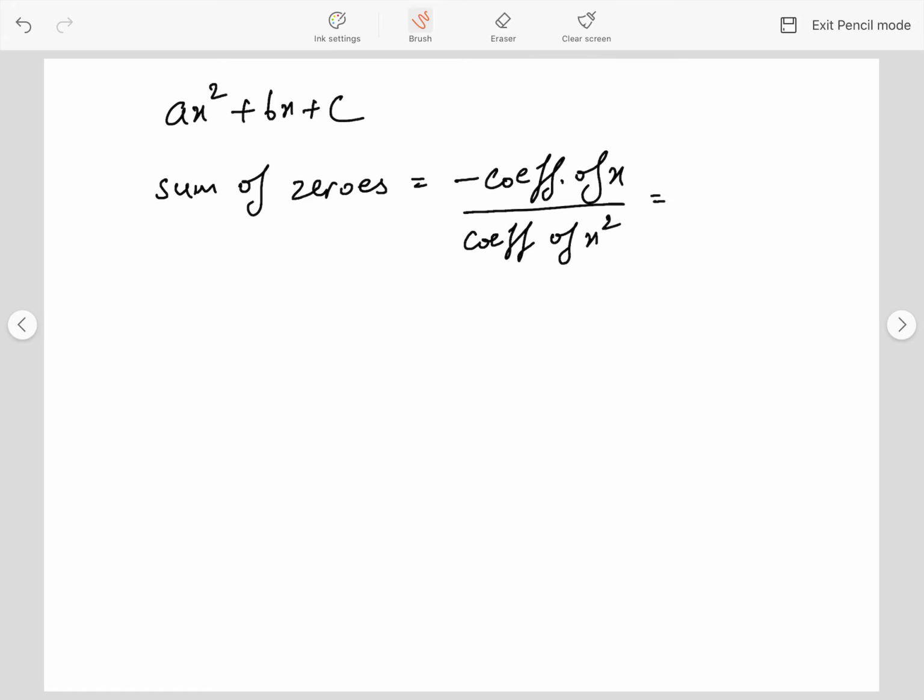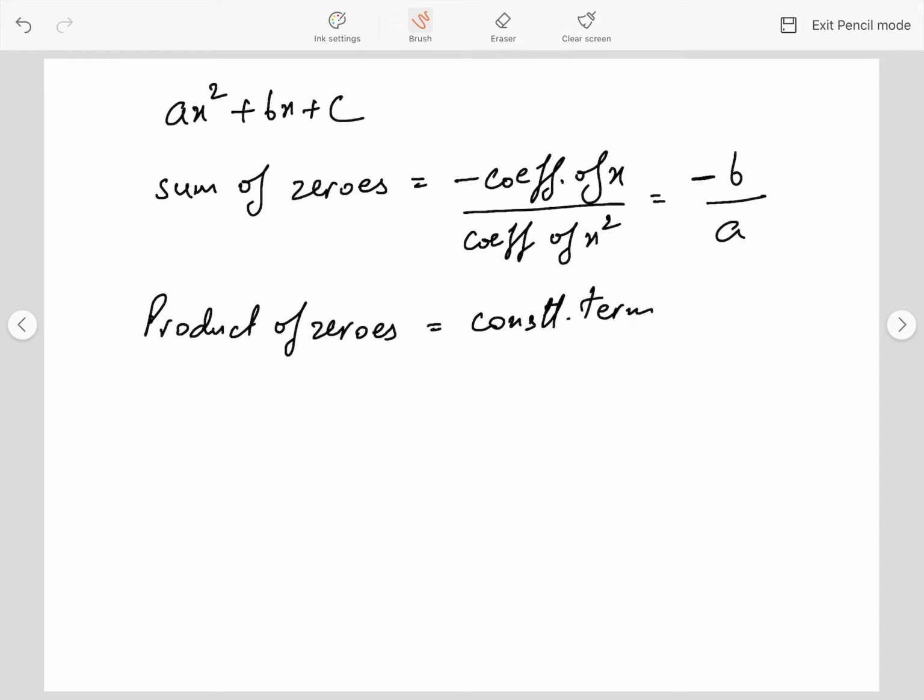Minus of coefficient of x is minus b, so we write it as minus b by a. And the product of zeros we can write as the constant term by coefficient of x square, so that will be c by a.